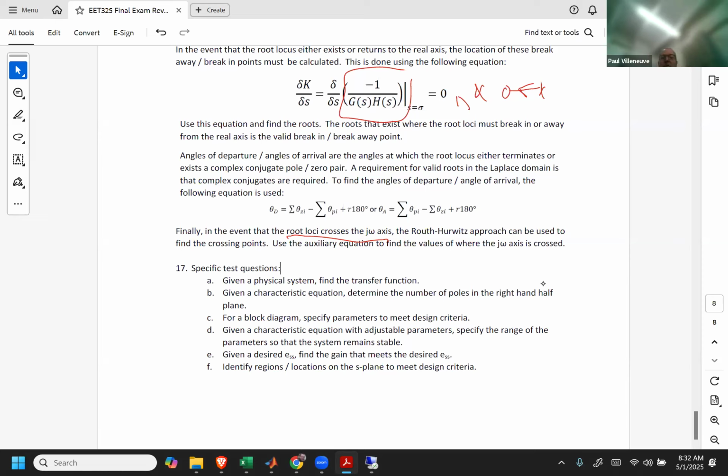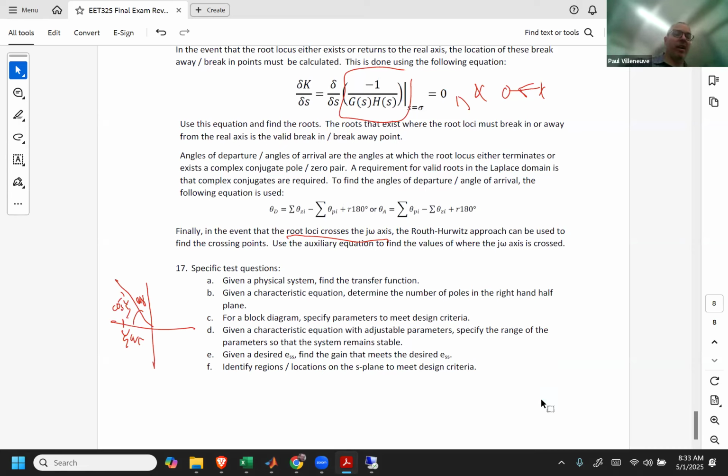Part E, or problem 5, depending on your perspective, I'm asking you to give me a value that meets a desired ESS. I don't want my steady state error to exceed that, so calculating a gain. And then identify regions in the S-plane. So remember that concept here. This was omega sub n. This here was zeta omega sub n. That was the inverse cosine of zeta.